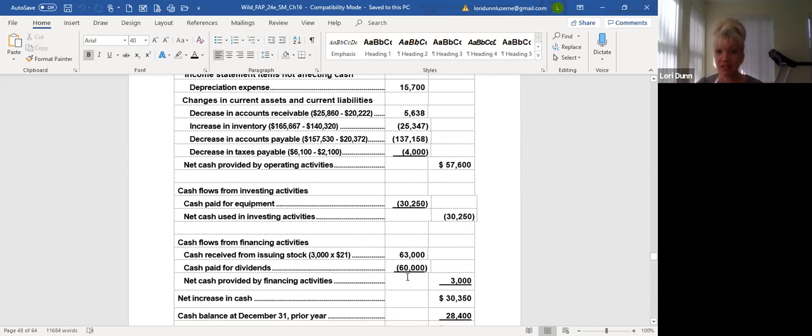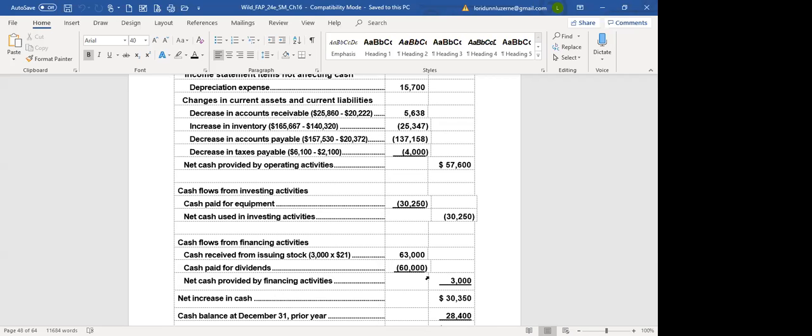And they're keeping the stockholders happy by paying dividends. So every company you will look at and analyze differently, but it's giving you the information to help you really see how well the company manages their cash in these different major activities of any business. Does that make sense? Yeah.